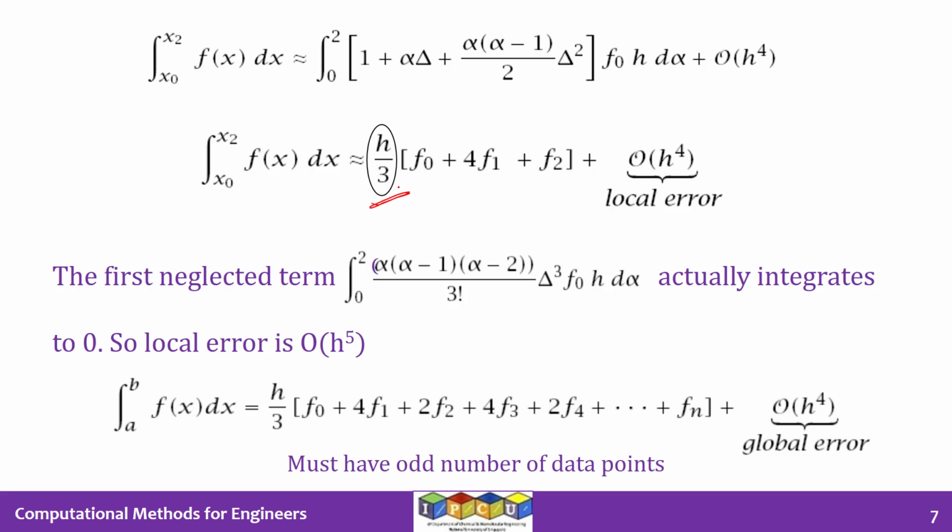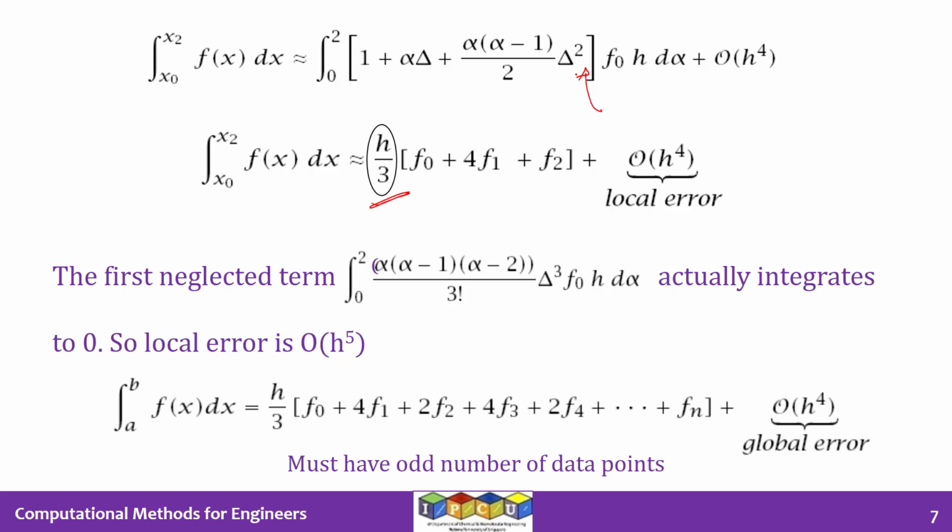And I want to mention a subtle point to you before we go further. Suppose we had included the next term. That means we went for P3 instead of P2, because nothing stops us from having as many terms as we want in the Taylor series expansion.